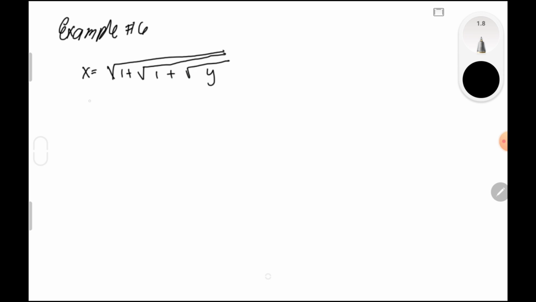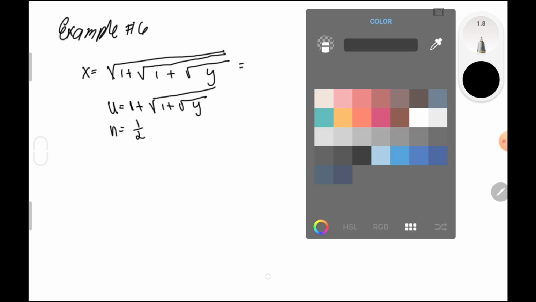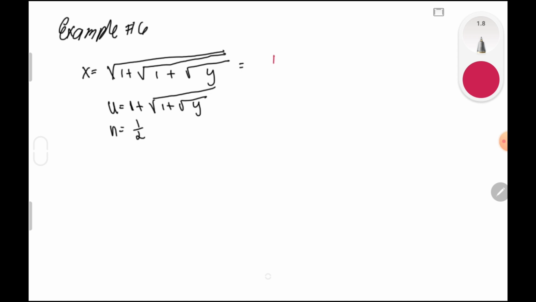Okay, so we have u will be equal to 1 plus square root of 1 plus square root of y, wherein n is equal to 1 half. So because it can be written as 1 plus square root of 1 plus square root of y raised to 1 half.